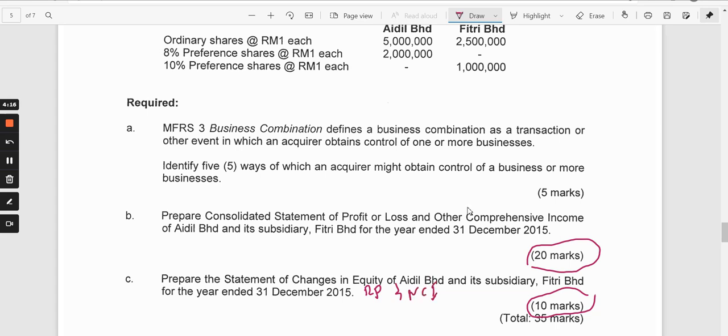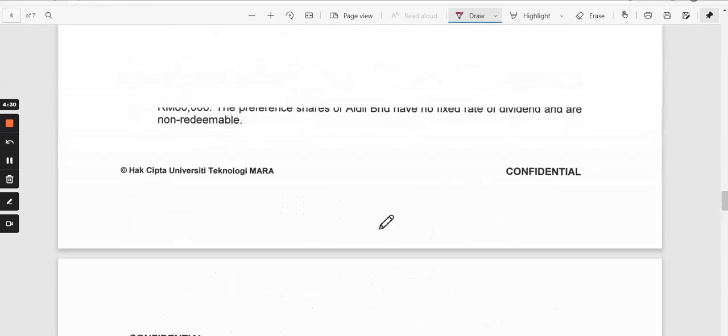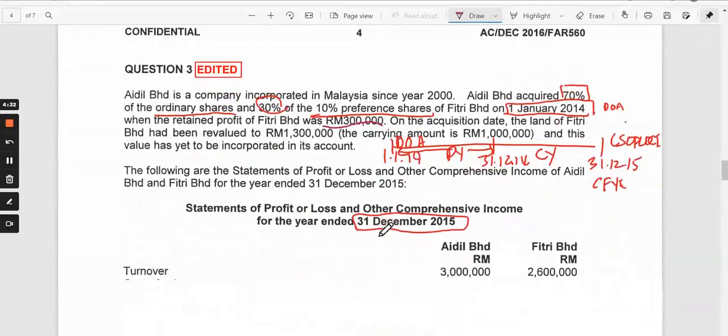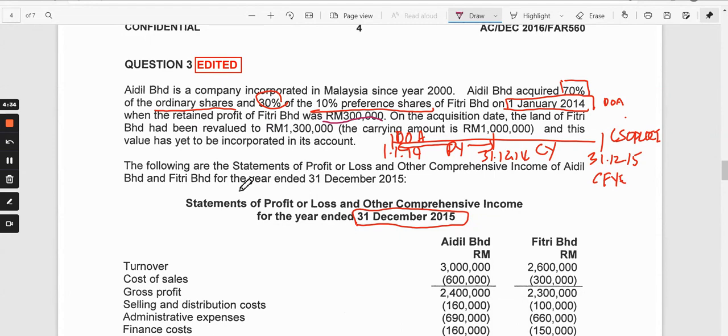We're not going to prepare the complete statement, just the extract. That is what we're going to do. So let's look at the question now that you know the requirement.